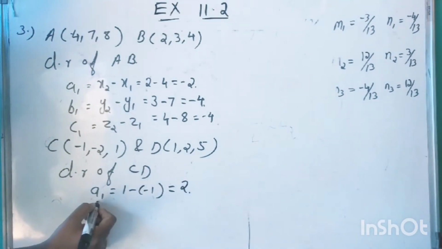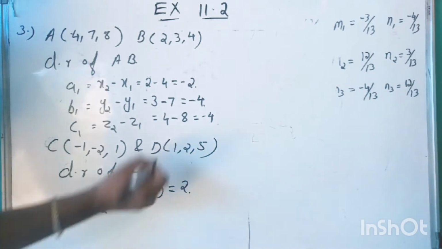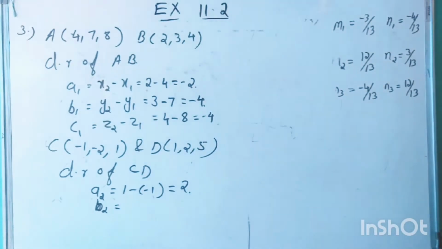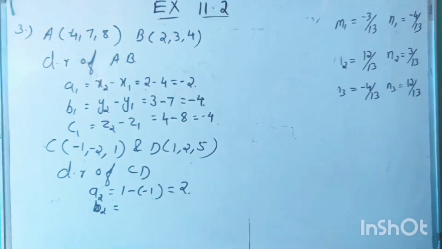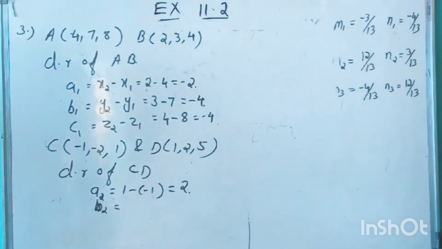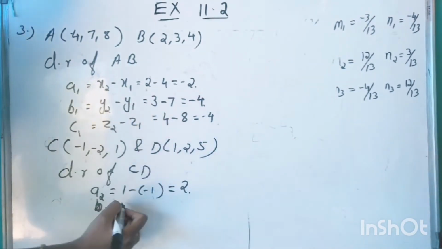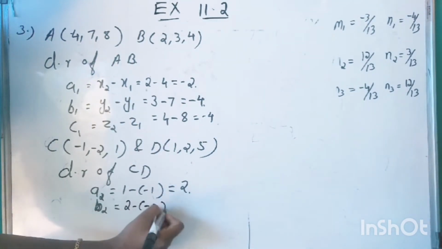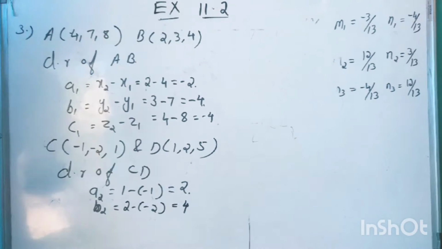B2 is equal to the y coordinate of D minus the y coordinate of C. That is 2 minus minus 2, which is equal to 4.